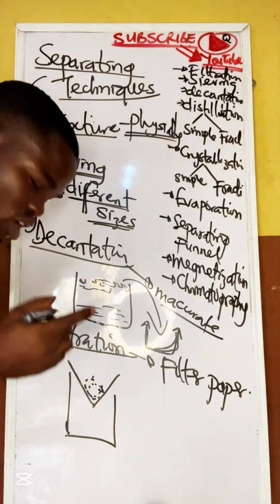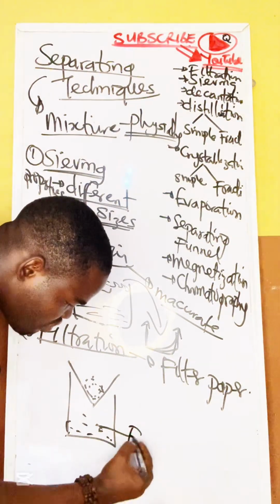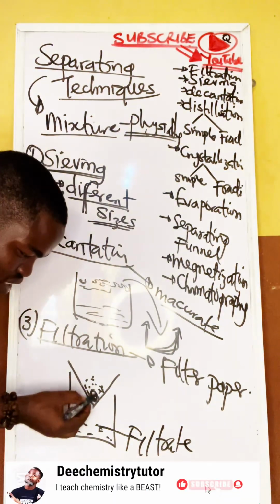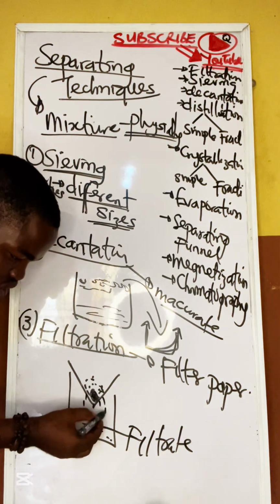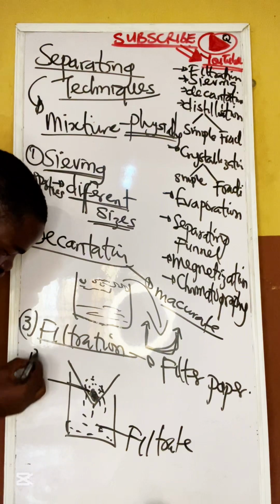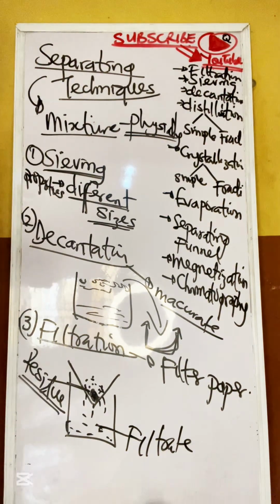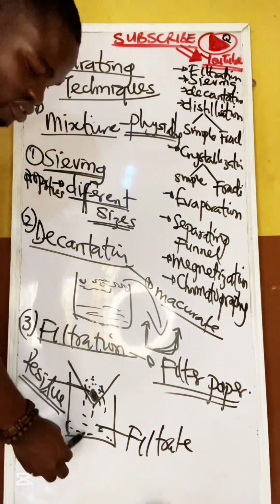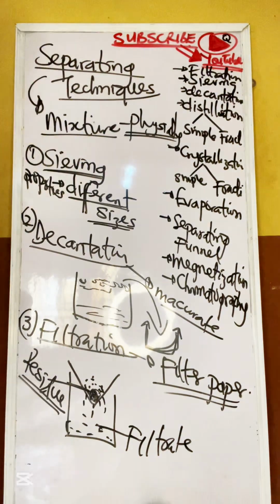Now eventually two things will happen. The filtrate will be here, while the remaining substance that cannot pass through this filter paper is called a residue. So that's the process here. We use a filter paper, where the filtrate will pass through the filter paper and the residue will be on top here.